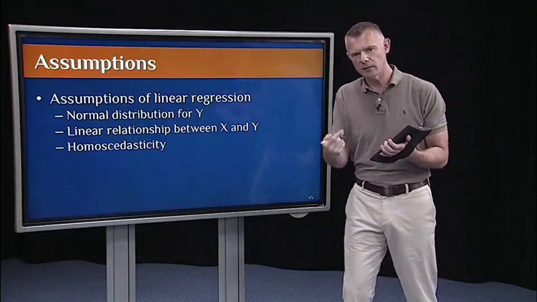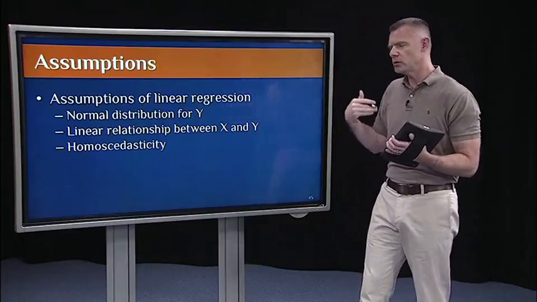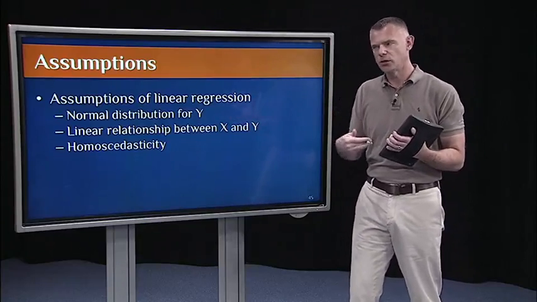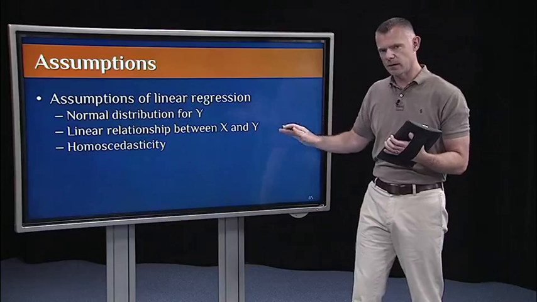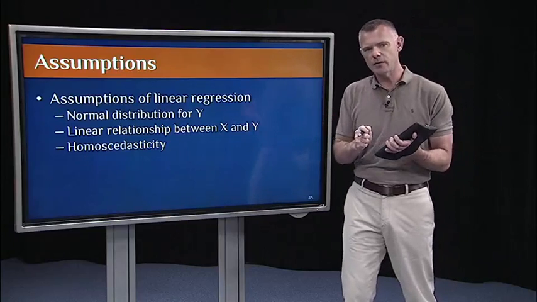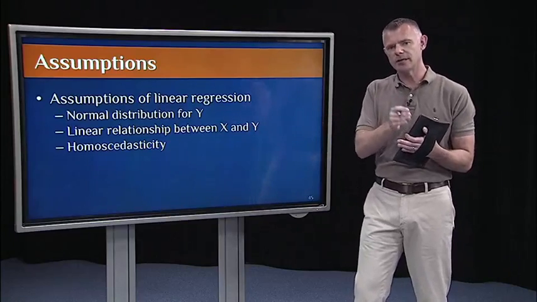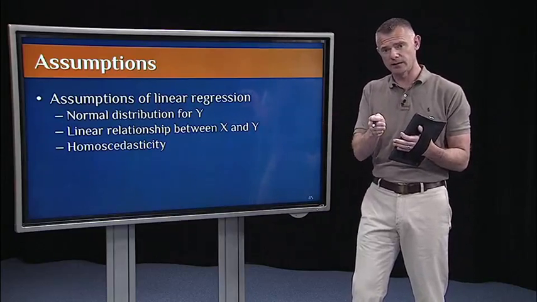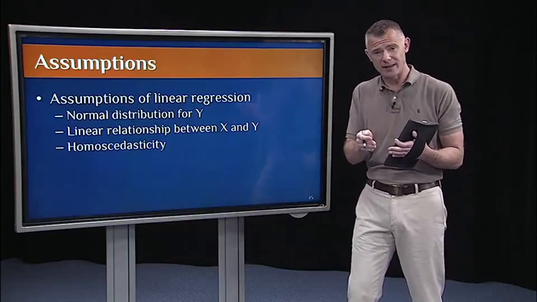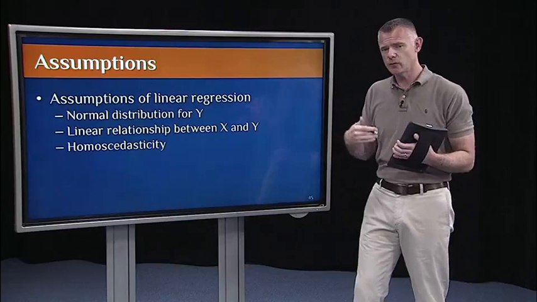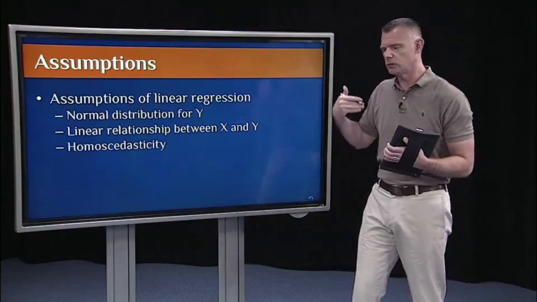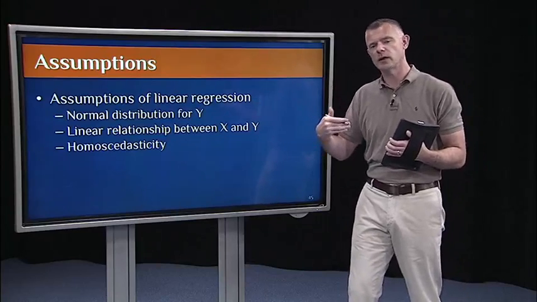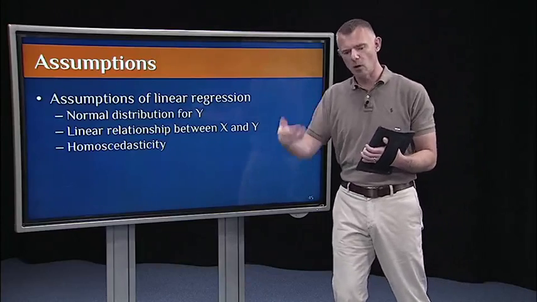But we can do better than that. We can actually do some statistical analyses to evaluate these assumptions. And the way to do that is to save the residuals from a regression analysis and then start to investigate those residuals. And this is a really important exercise that we'll do over and over again, especially as we go into multiple regression.